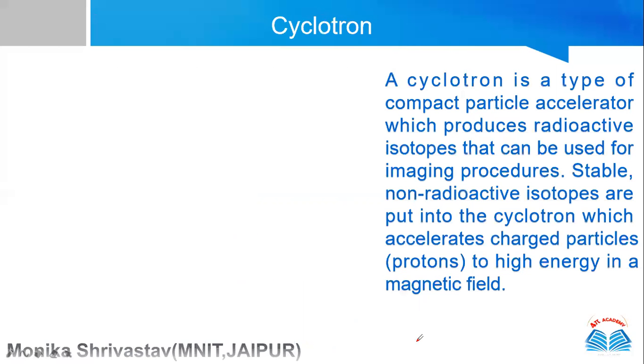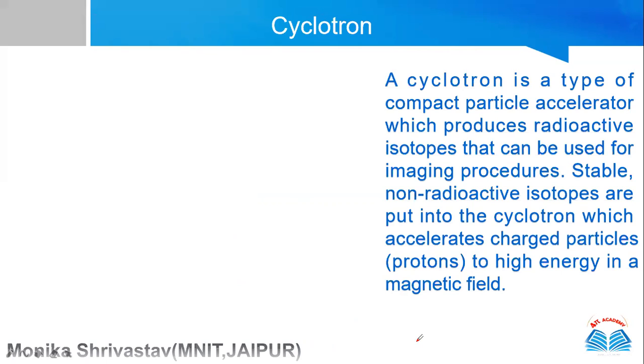Okay, moving ahead. Now we'll study about the cyclotron. The basic concept of the cyclotron we have studied, like the charges will move in the presence of a magnetic field. And the cyclotron is a type of accelerator.